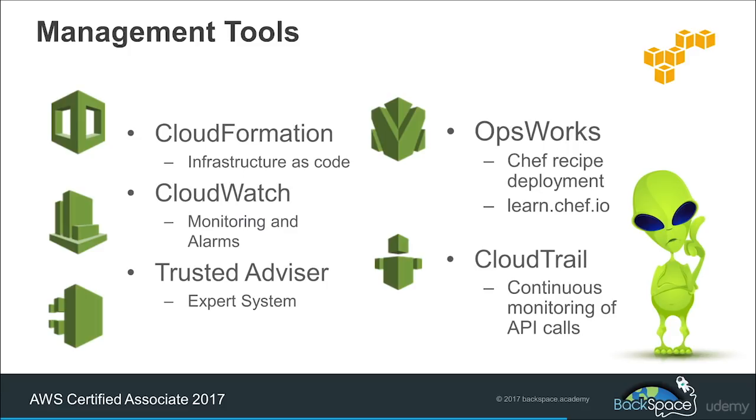And so if we want to make an update, we update our YAML or our JSON CloudFormation template and we redeploy our infrastructure. If we have any issues, we can go back to a previous version and roll that back if we have any problems. So it's very similar to what you would do when you're developing software and rolling out updates to software. You can do the same thing with your infrastructure.